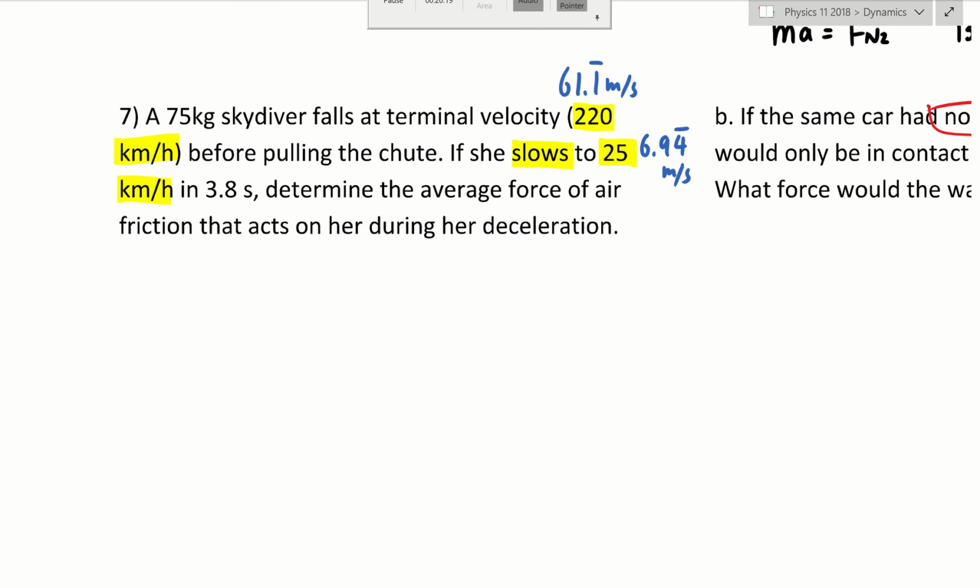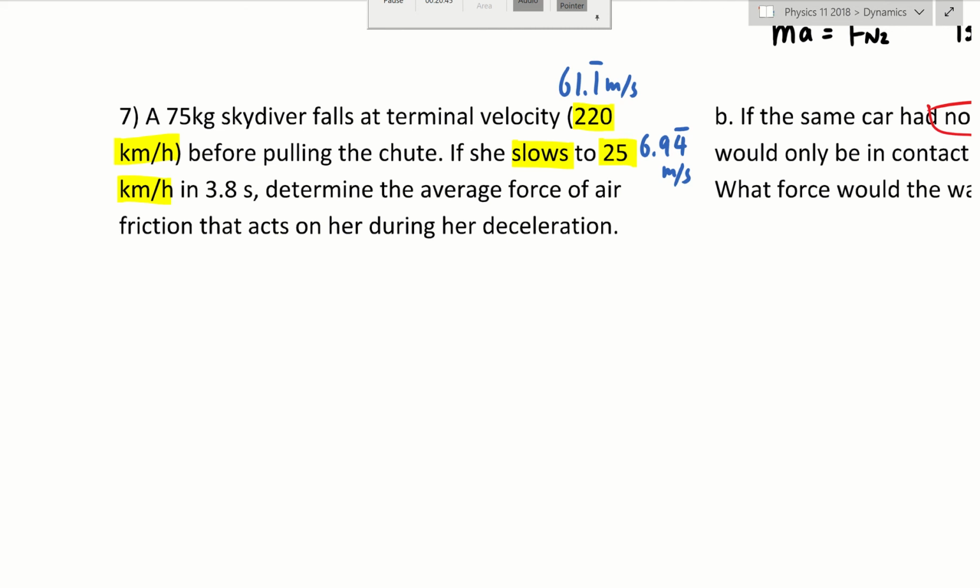First of all, when you read this question, the first thing you realize is that the speed doesn't look too good. So we will change kilometers per hour to meters per second to make it look nicer. Okay, so that's the first thing we do.